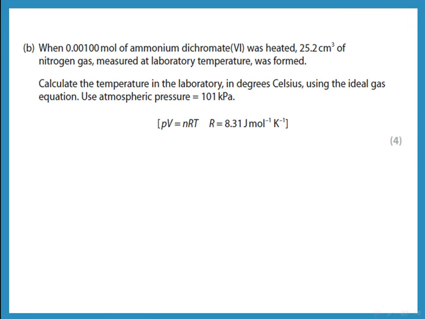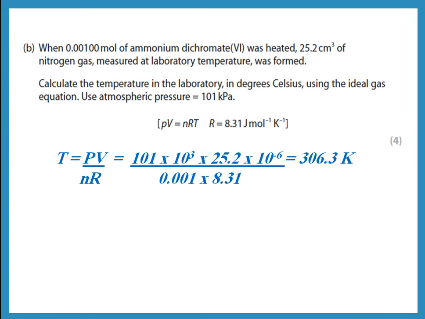Here he's saying when this number of moles of ammonium dichromate was heated, 25.2 centimeter cubed of nitrogen gas was formed. Calculate the temperature. Usually they ask for volume or pressure or number of moles. He's asking for temperature in this case, and we can get it from the ideal gas law.